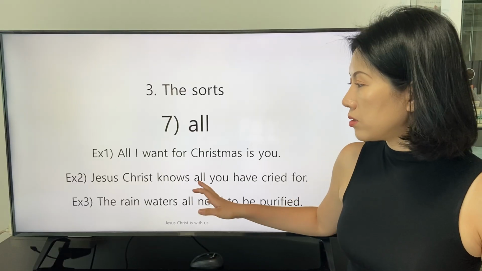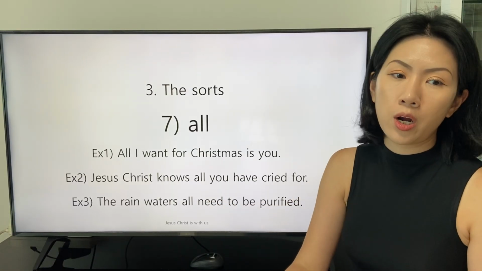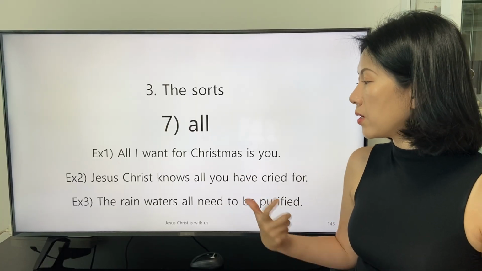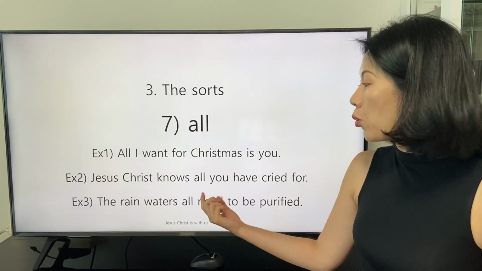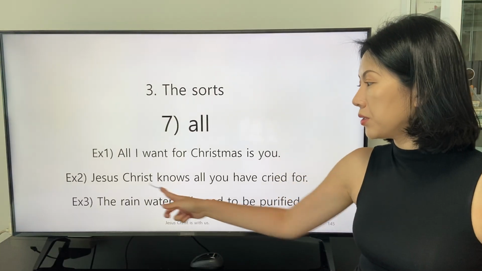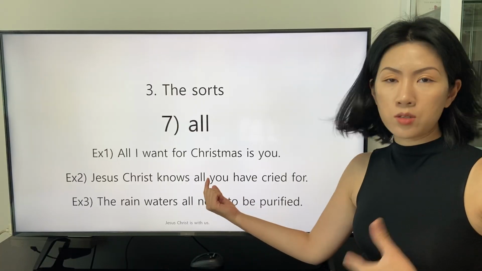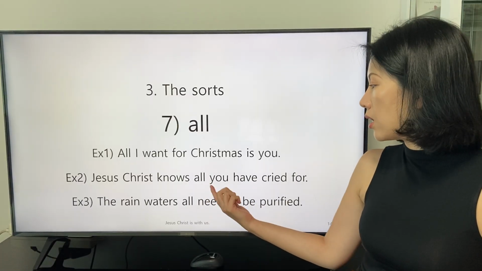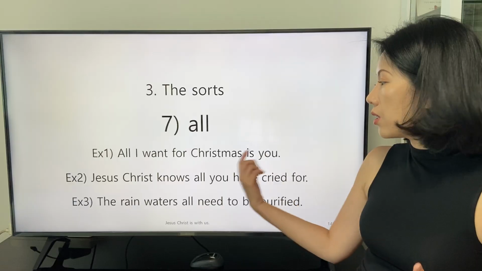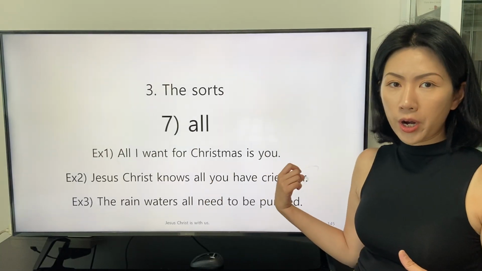And the second example is this: Jesus Christ knows all you have cried for. In this sentence, the speaker applies the subordinate clause, all you have cried for, as the object of the transitive verb knows. And in the subordinate clause, we can find that the speaker applies the pronoun all as the object of the preposition for.